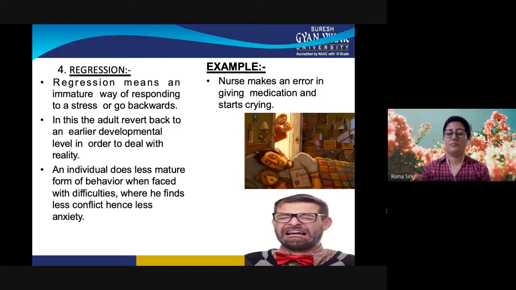So maybe you are a grown up, but at this time of anxiety, at this point of tension, you want to become a child. For example, a nurse makes an error in giving medication, and as soon as it is found that she has made a mistake, and now she cannot do anything, she starts crying.